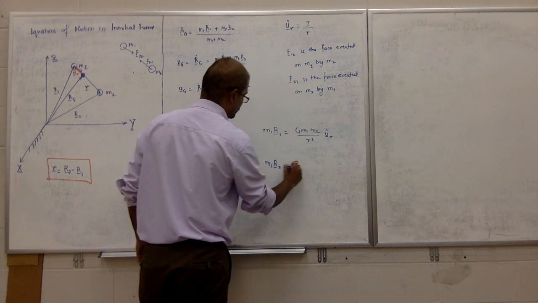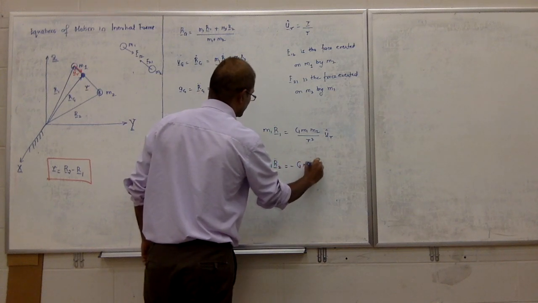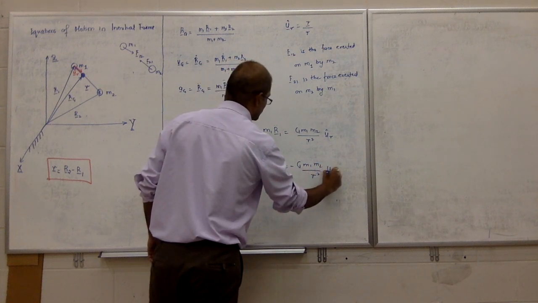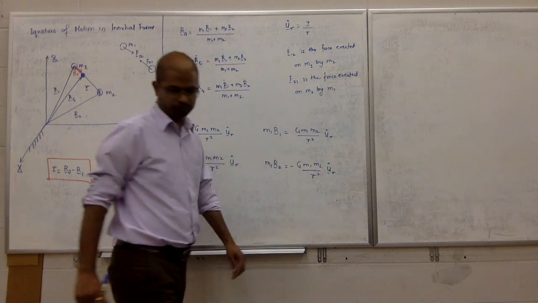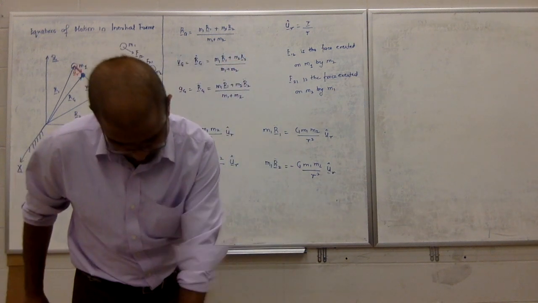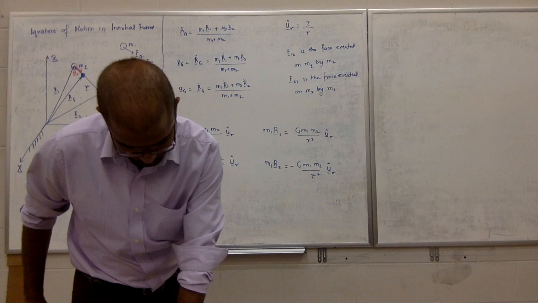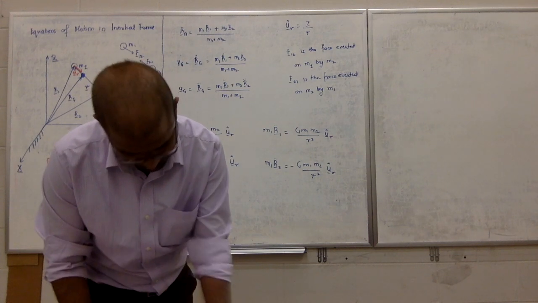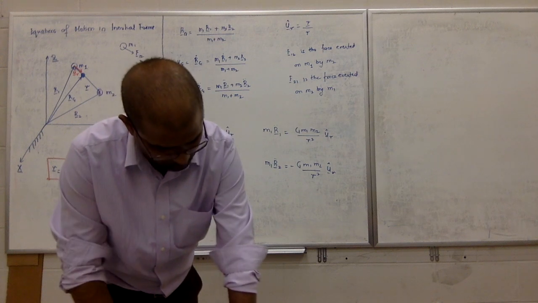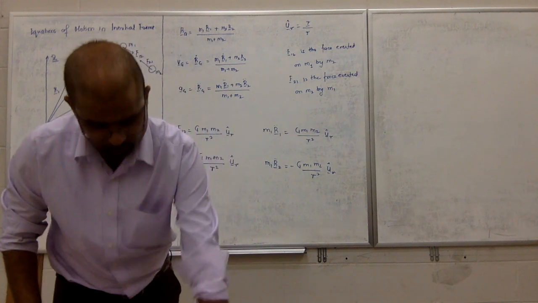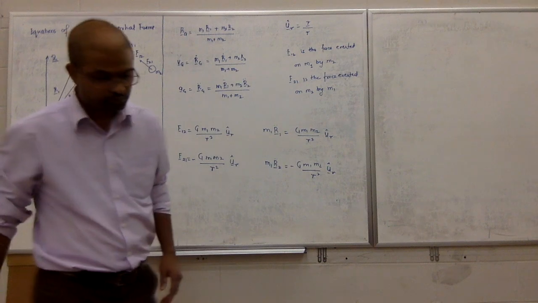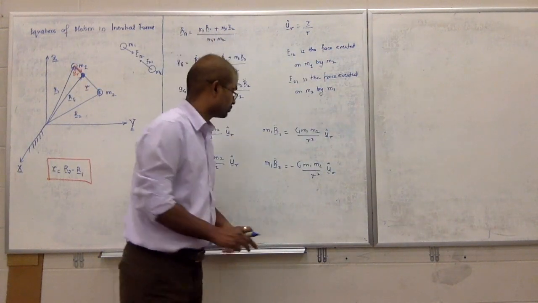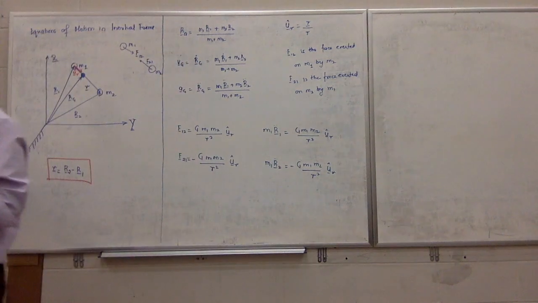R2 double dot is equal to minus... So for the mass, you would only use the body that we are located on?